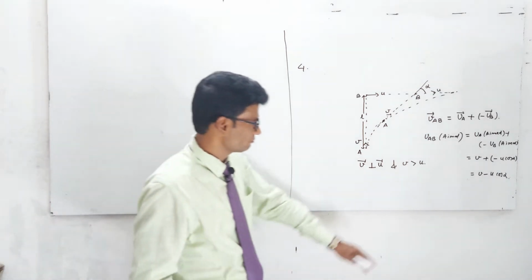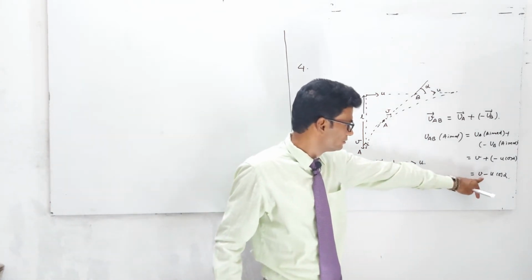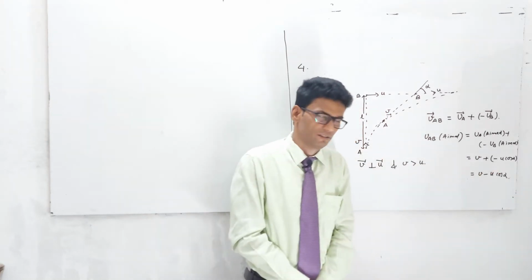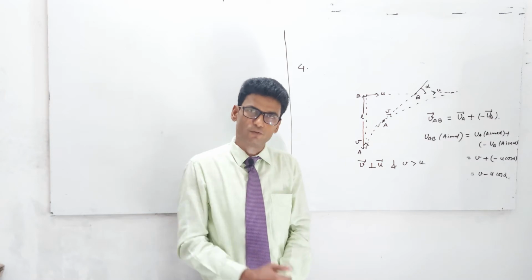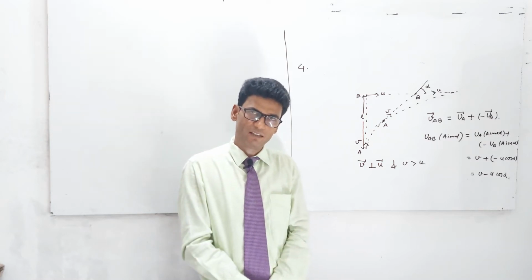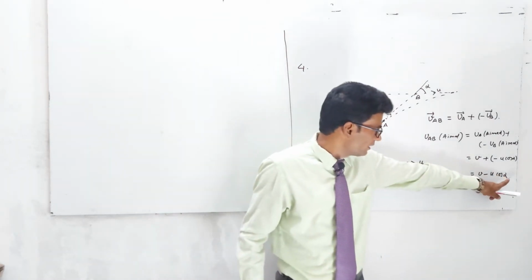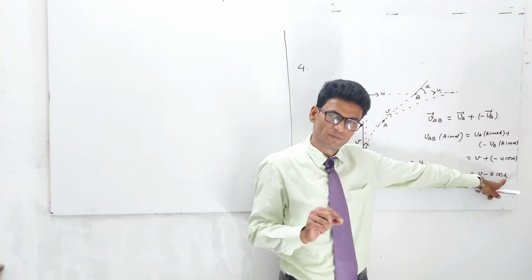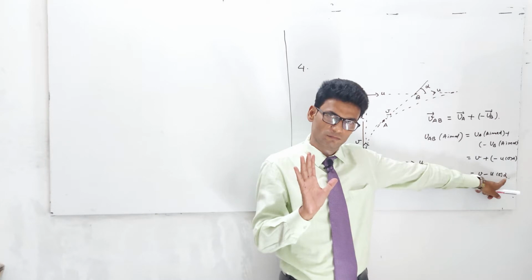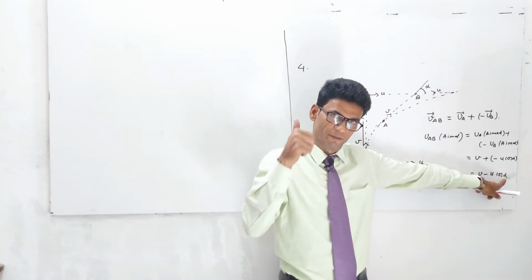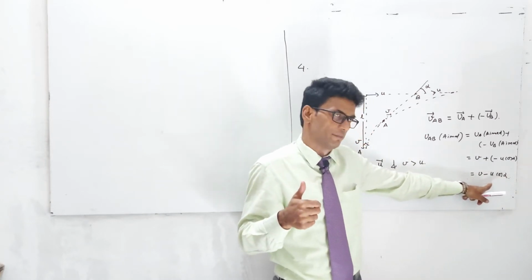However, this speed v minus u cos alpha is variable. Why? Because alpha changes as time goes on, which means alpha is a function of time, so definitely it is variable.